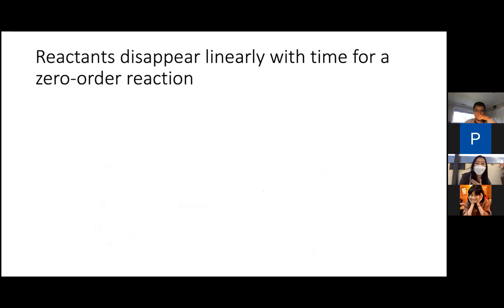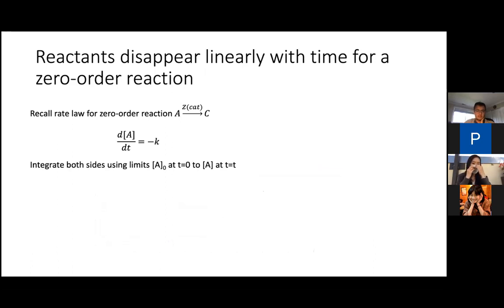And then I'll be integrating the rate laws for zero order and first order, starting with zero order. If you recall the rate law, we had dA over dt equals negative k. So if you integrate both sides using limits A sub 0, which is the initial concentration of A at time 0, to the concentration of A at an arbitrary time point, you would get this.